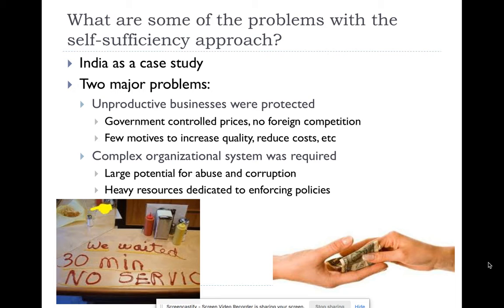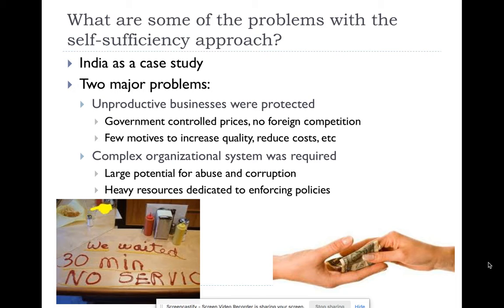And so if you have a business that's unproductive, with the government controlling prices, with them not really allowing foreign competition in, that doesn't give those businesses a whole lot of incentive to get better, whether it is to increase their quality or reduce the costs or whatever it may be. It did not give any incentive for those companies to try harder to become better.